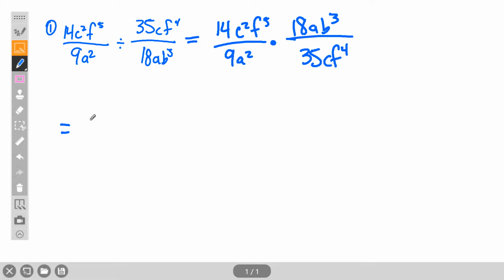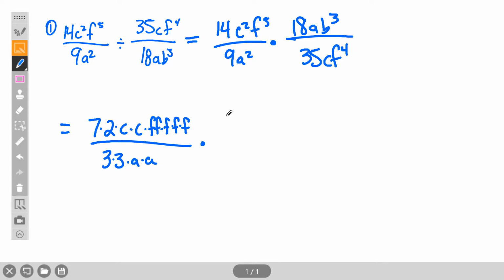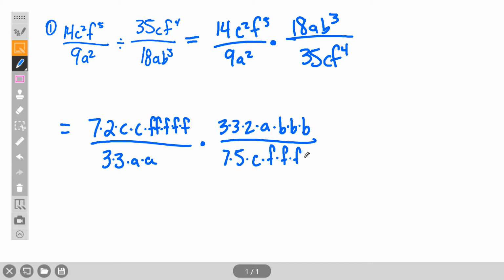So 14, 7 times 2, c squared is c times c, f to the fifth, that's 5 f's, over 9, which is 3 times 3, a squared, which is a times a, times 18, that's 3 times 3 times 2, times a, times b, times b, times b, over 35, that's 7 times 5, times c, f times f times f times f.